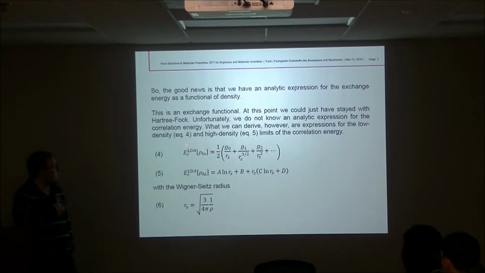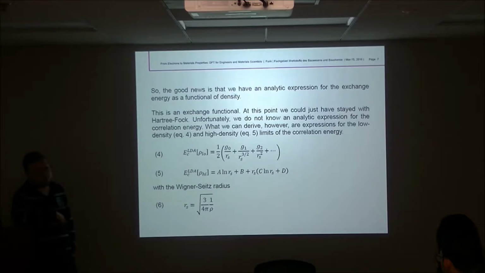So we know about limits. For the low density case, we know that we can just write this expansion with the Wigner-Seitz radius, which itself depends on the density. So this is easy. And for the high density limit, we obtain this nice equation with 4 parameters, which are, by the way, also all density dependent.